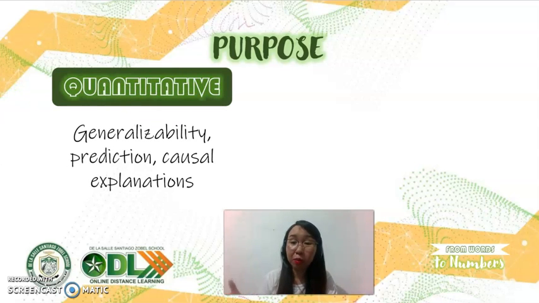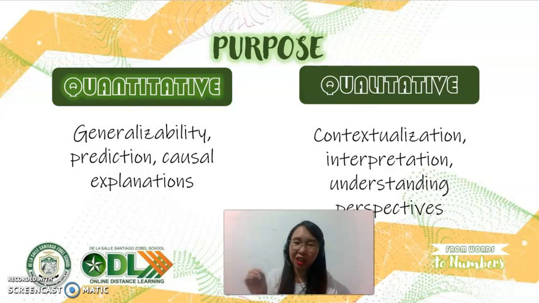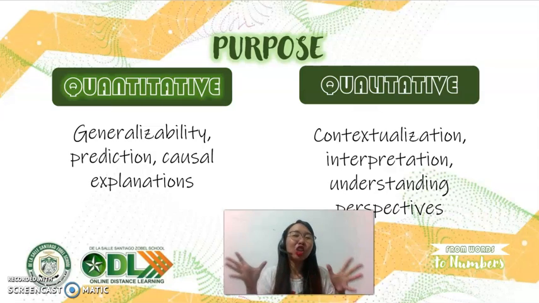Okay, another point of contrast is the purpose. What is the purpose of quantitative research? The purpose is generalizability, prediction, and causal explanations. Meaning, when we start to generalize, that also implicitly tells us that the number of participants that we will involve in our research should be, you guessed it right, a lot more than what we had in your qualitative research.